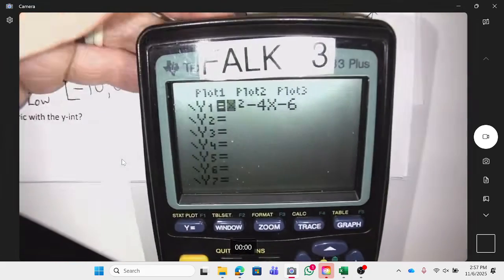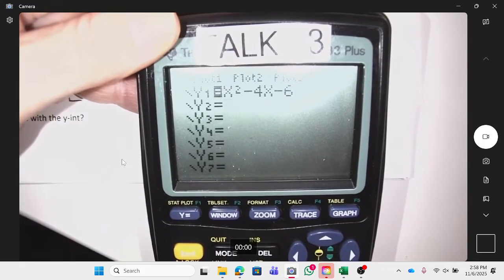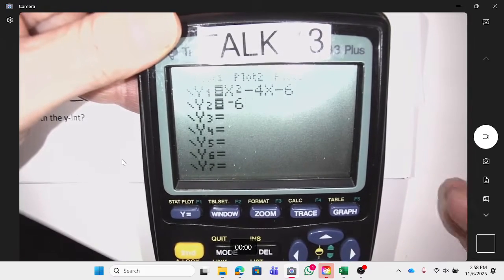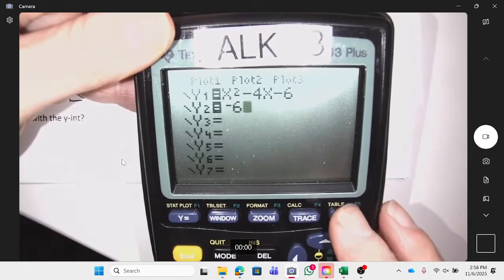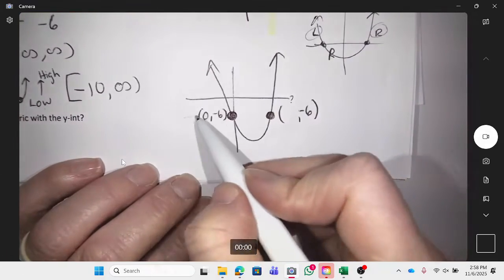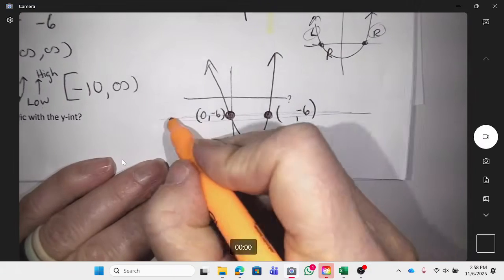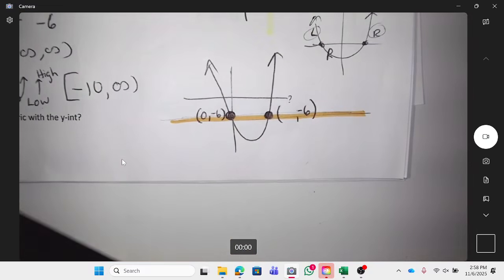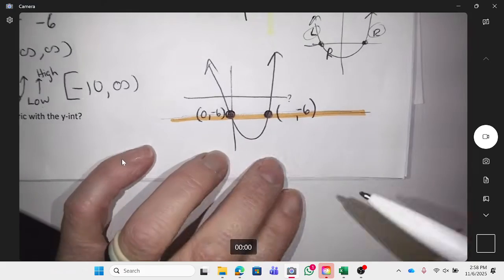You're going to go to the y, and you're going to make a y2 line at -6. Make sure that's a negative, not subtract. And then if you graph it, it will draw a line. Does yours draw a line? So do you have this going on? Okay, so I'm going to figure out, and it's called the intersection.